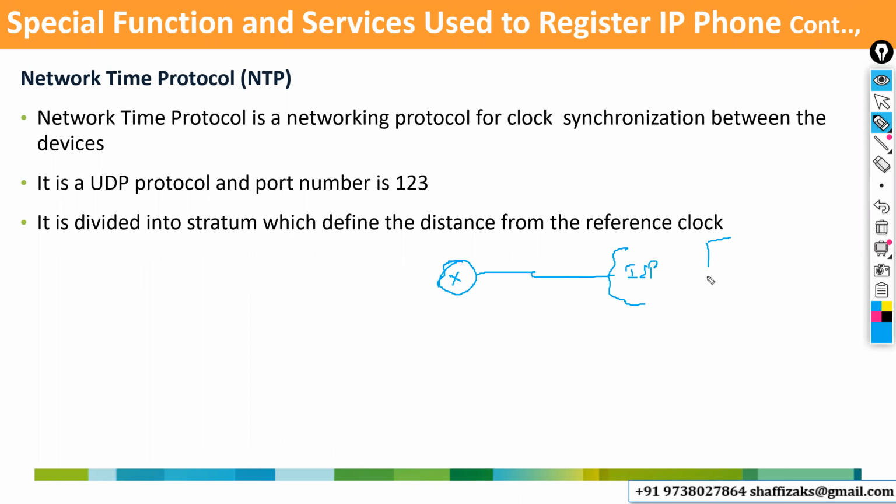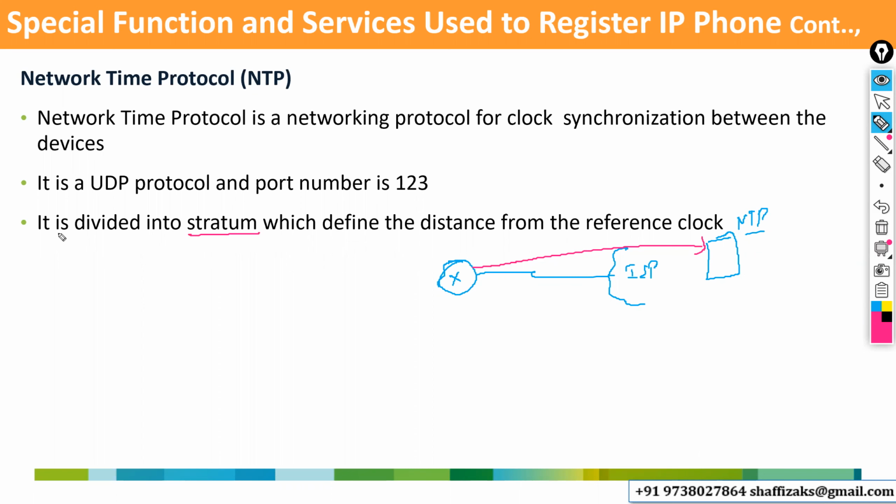Somewhere in the ISP, in the public network, we have an NTP server. Now, I want to synchronize, meaning this router wants to be synchronized to this NTP server. Whatever distance you have between this NTP server and the gateway, for that distance we call stratum.